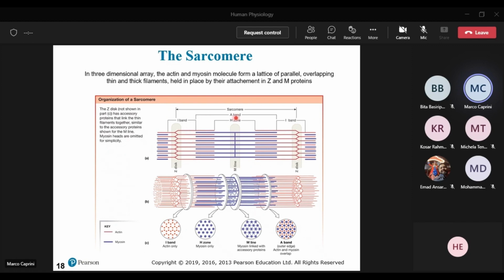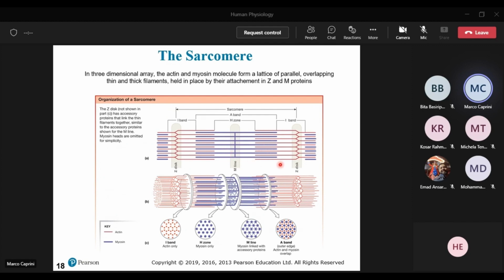The A band here, from one end of myosin to the other end of myosin, is made of darker regions where both light and heavy filaments overlap. For this reason, it's named A, anisotropic. The light is not reflected or less reflected.